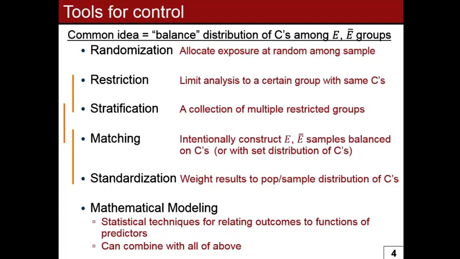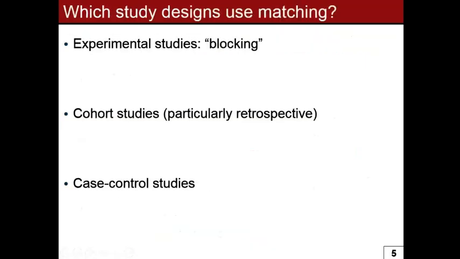You're not just going to go out and sample the world in some haphazard way. You're going to do this very intentionally. It comes at a cost, but it also comes with a benefit, which is very good confounding control on the things that you've intentionally matched on.